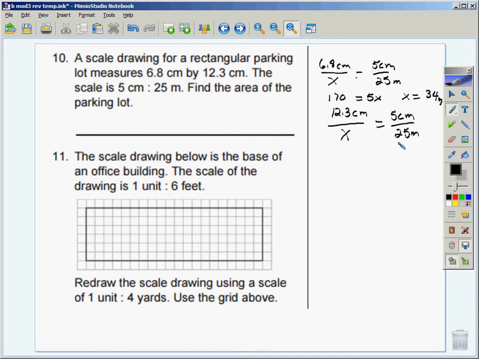I'd do the same thing on this one, 25 times 12.3, 307.5 is equal to 5x, and I would divide that by 5. 61.5 meters. They asked me to find the area, so I'd take 34 meters times 61.5 meters.